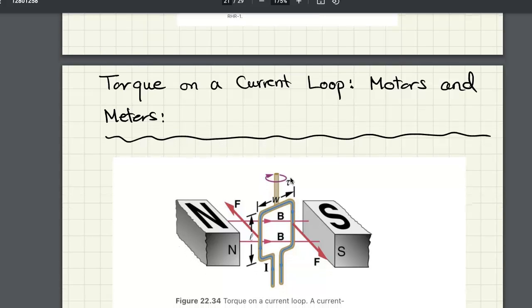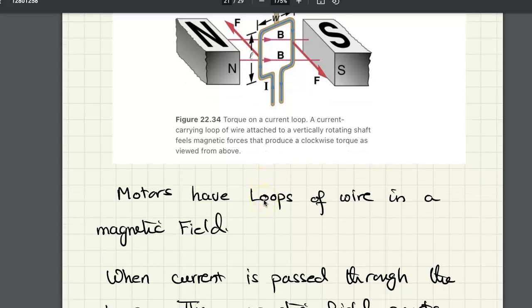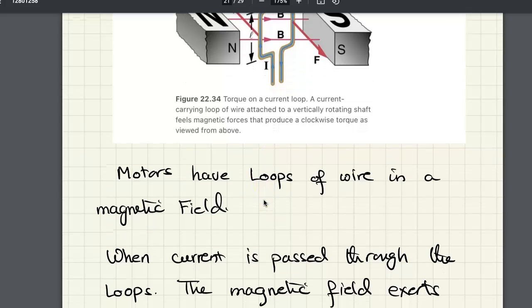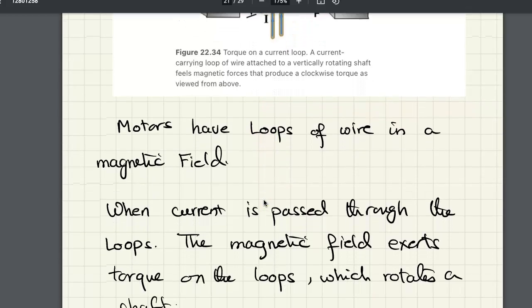Of course, we're also going to find the torque, because there is a force, and if we have a current loop inside a magnetic field, it will experience what is called torque. Torque is force times the distance times sine theta.